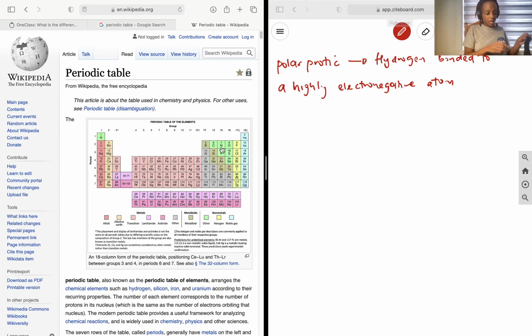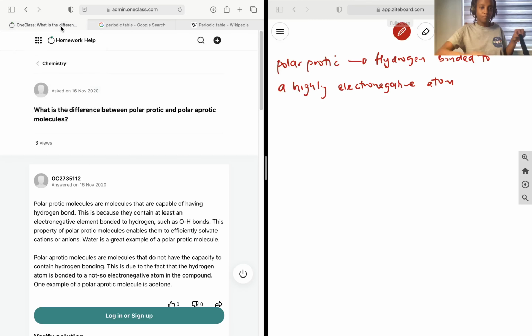And so in the case where hydrogen is attached to oxygen, fluorine, or nitrogen, what happens, let's just write that down here.